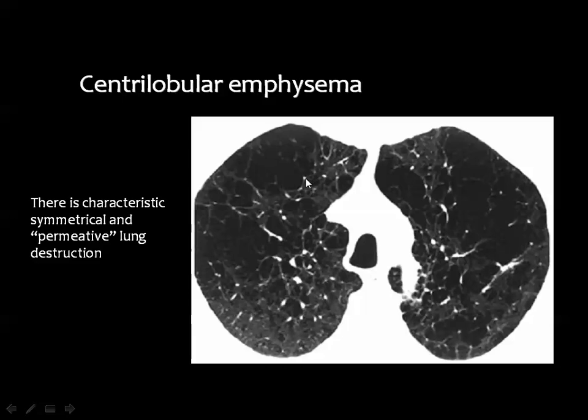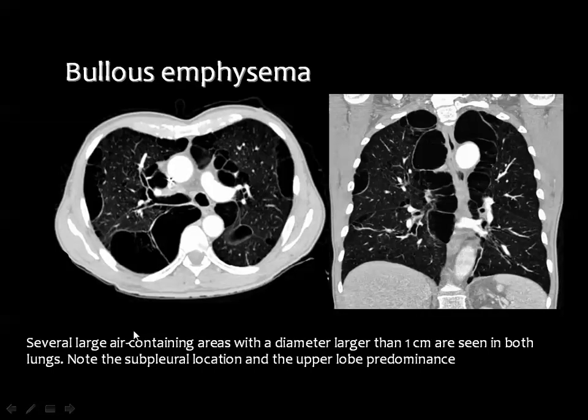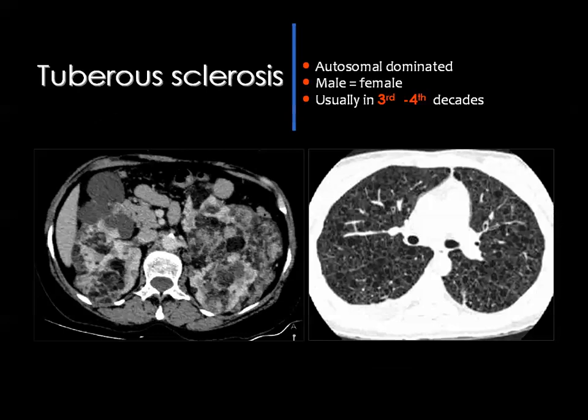The wall is very, very thin, and there are remaining parts of the lung which are not yet affected. Emphysematous bullae are usually located in the subpleural area, considering the costal margin and the mediastinal margin. They are filled with air and they have a very thin margin.